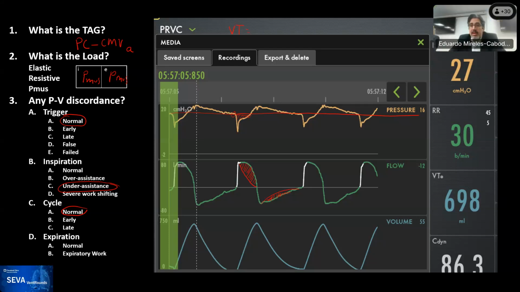And so that means that the patient is going from an airway pressure of 16 all the way to a pressure of -18. So the patient is generating 34 centimeters of water of Pmus effort.